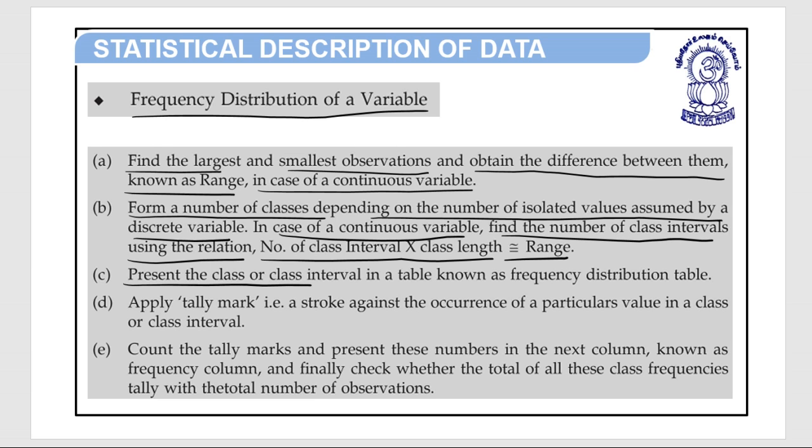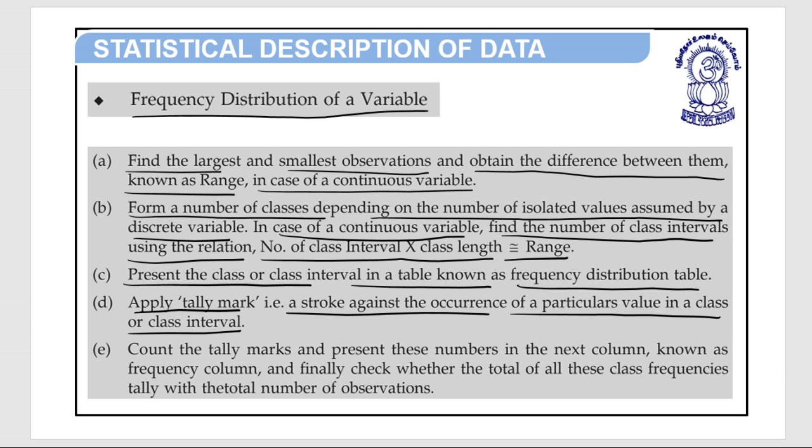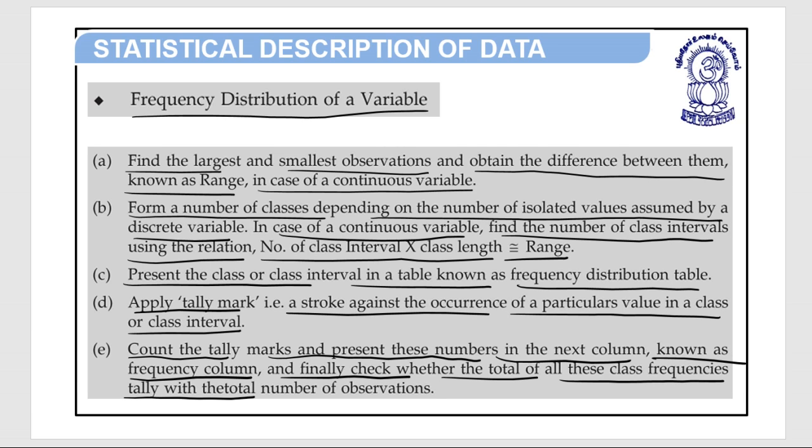Present the classes or class intervals in a table known as the frequency distribution table. Apply a tally mark, a stroke, against the occurrence of a particular value in a class or class interval. Count the tally marks and present these numbers in the next column, known as the frequency column. Finally, check whether the total of all these class frequencies tallies with the total number of observations.